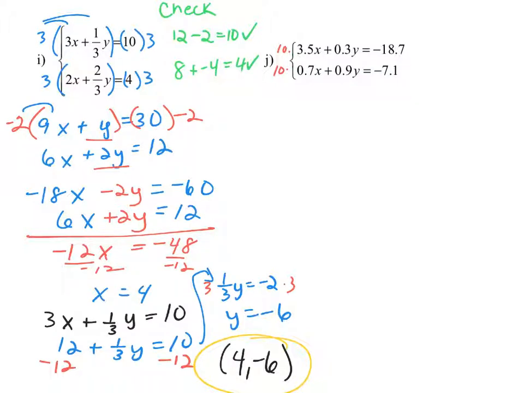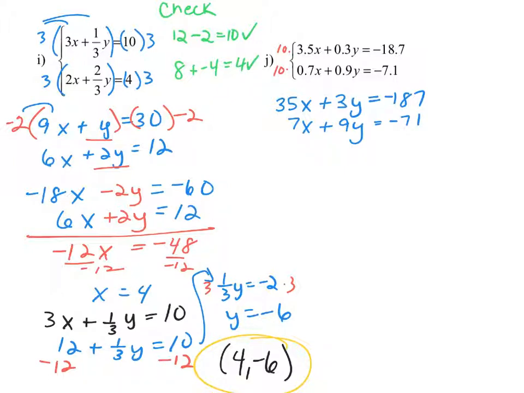When you multiply 10 times 3.5, that's going to be 35x. 10 times 0.3y is going to be plus 3y, and on the right side we get negative 187. The second equation multiplied by 10, 10 times 0.7 is 7x. 10 times 0.9y is plus 9y, and then 10 times a negative 7.1 is negative 71.